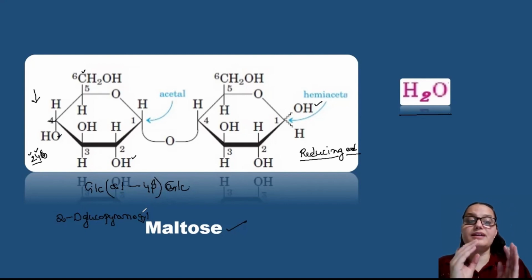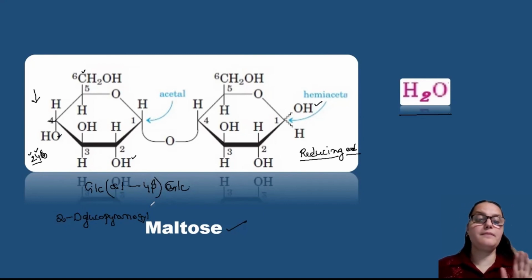But here it is not pyranose at the end, because there is no hemiacetal carbon over there. That hemiacetal carbon has been converted into an acetal carbon, so I need to write alpha D glucopyranosyl. Then which bond? 1,4, right?